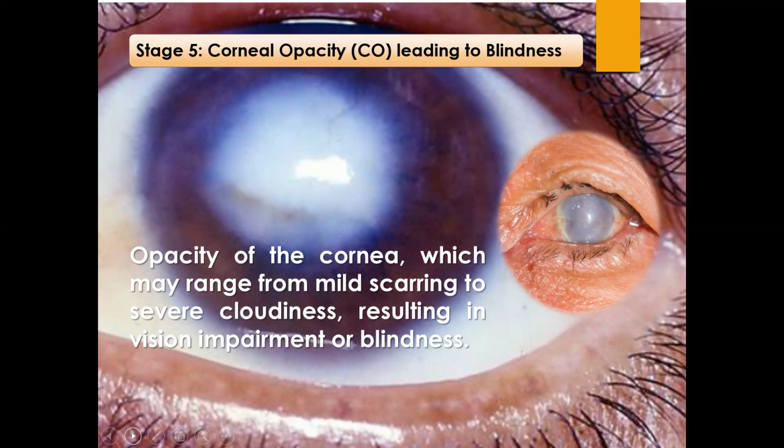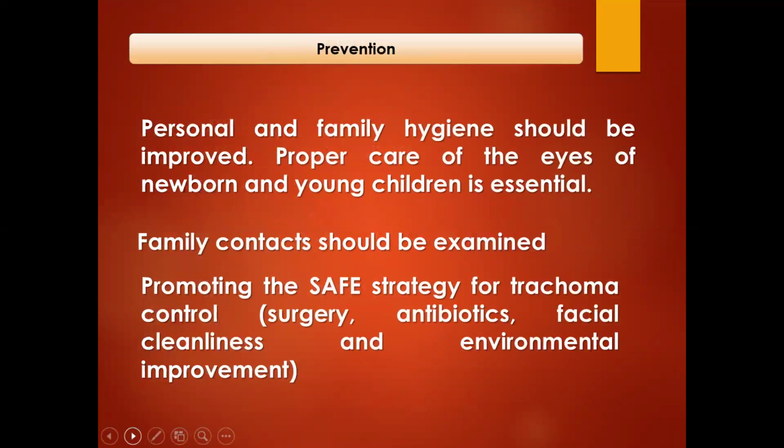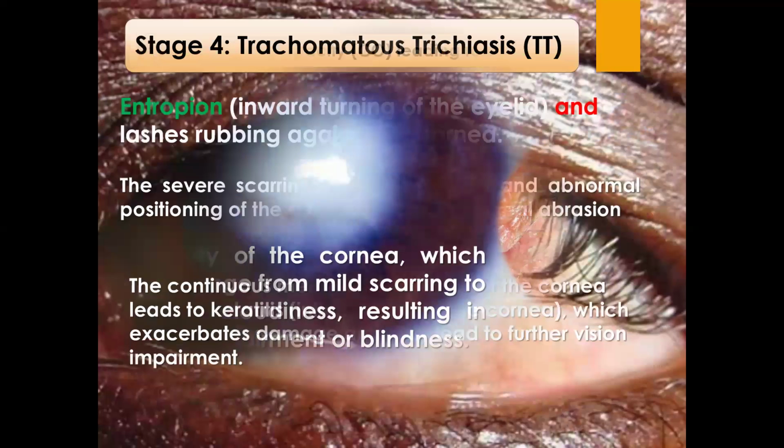And once the opacity is enough to cover up the cornea, the patient cannot see further. We also looked at differentials and the preventive ways of this disease condition, known as the SAFE strategy: surgery, antibiotics, facial cleanliness, and environmental improvements. Thank you very much.